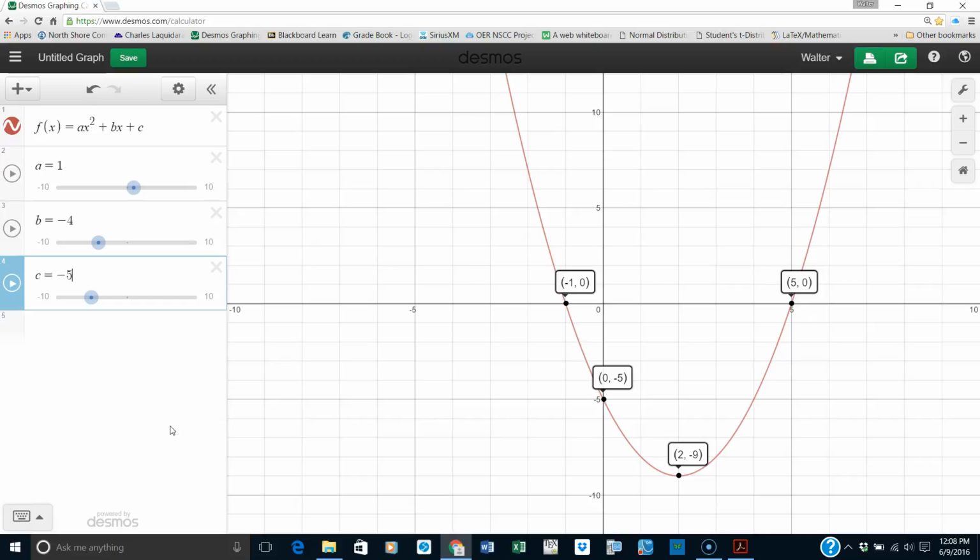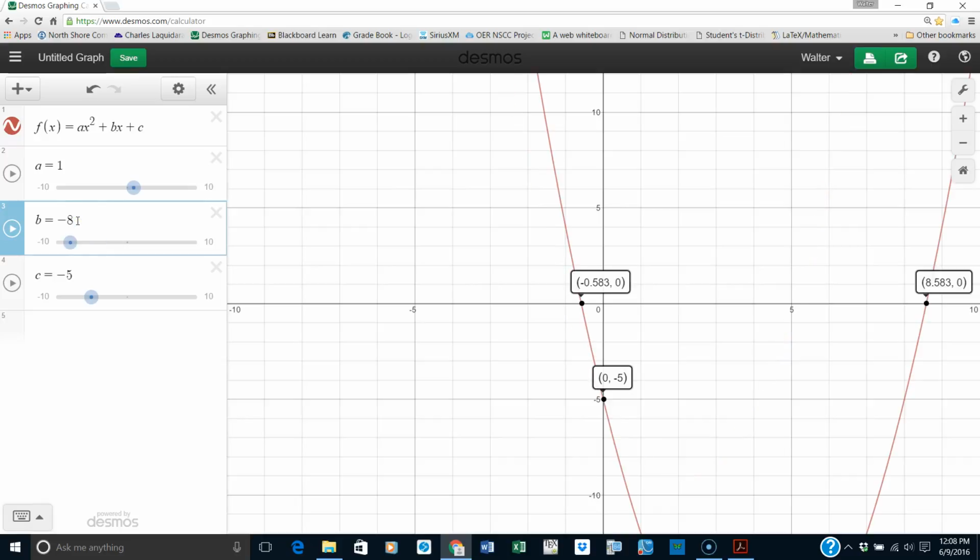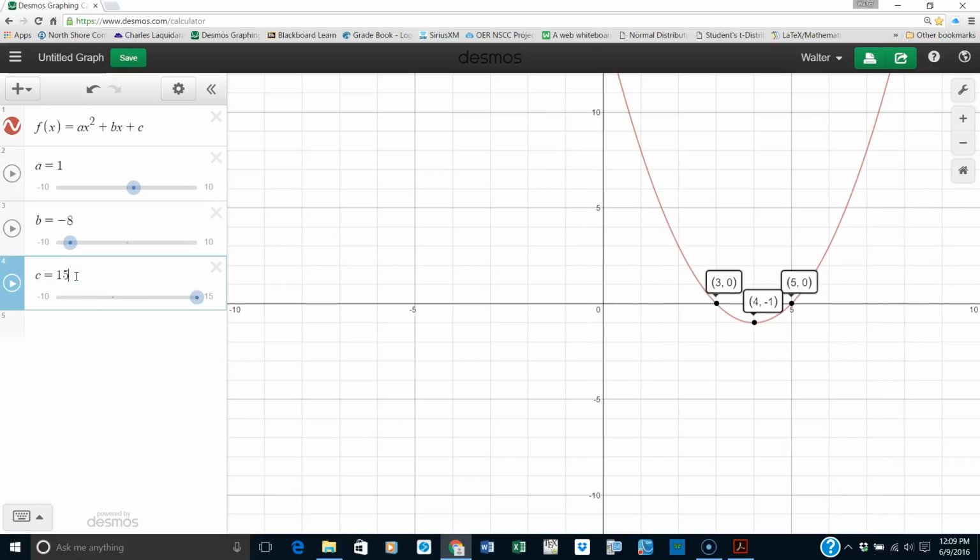So when we're working with x squared minus 8x plus 15, our a value is 1, our b value is negative 8, so we can adjust that to be negative 8, and our c value is 15, so we can adjust that to be 15. So we see that (3, 0) and (5, 0) are our x-intercepts.